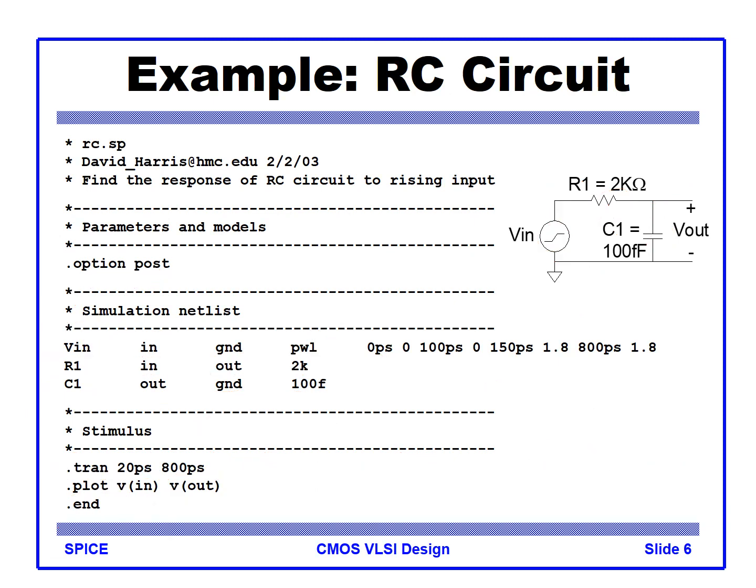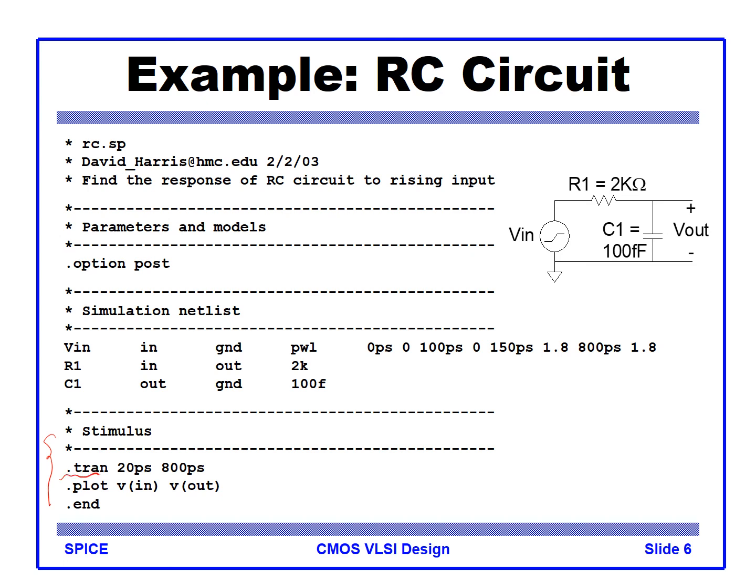Let's continue with the keywords after this stimulus part. Stimulus is a keyword. This part is to provide some command or message to the simulator. It starts with a dot command here, .tran.